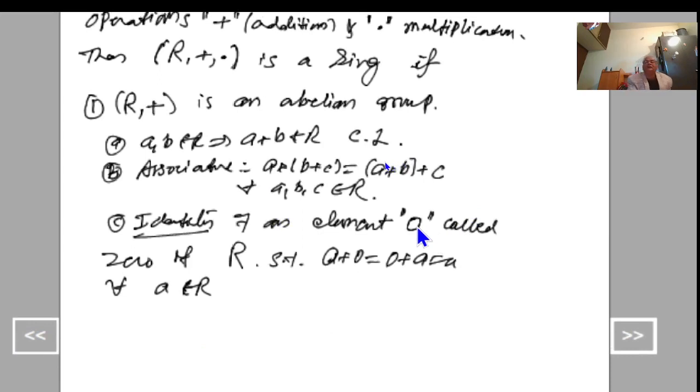That is, the identity element with respect to addition is denoted by 0. So this element must be there.